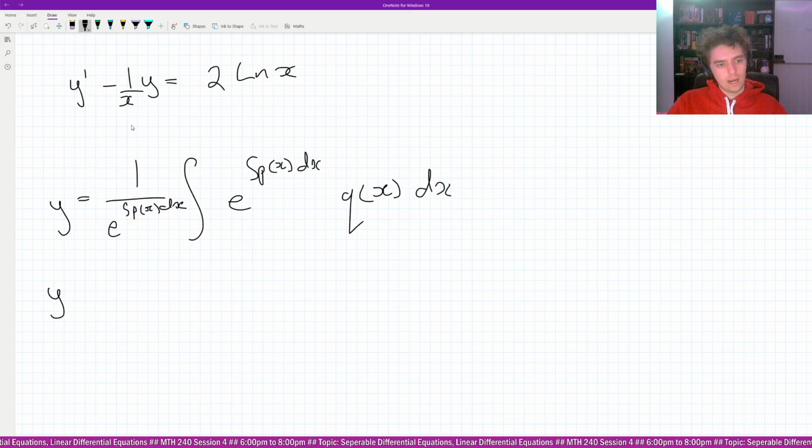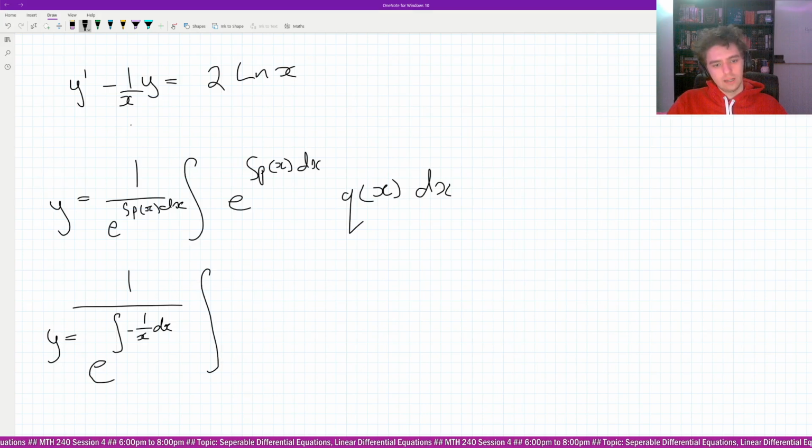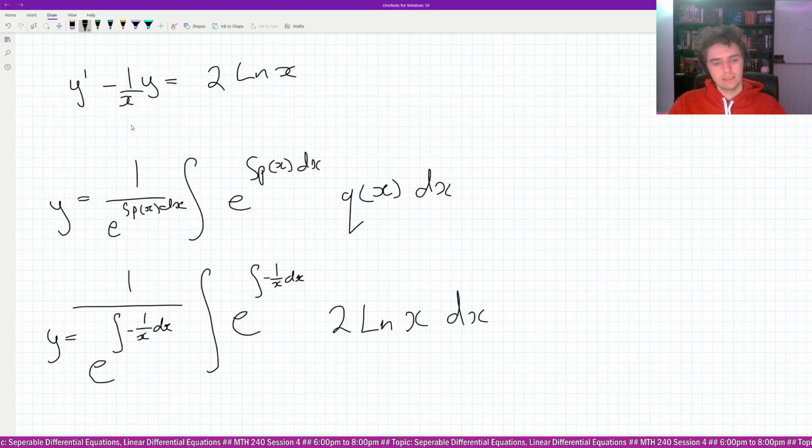So y equals 1 over e to the integral of negative 1 over x dx, times the integral of e to the integral of negative 1 over x dx, times 2 ln x dx.